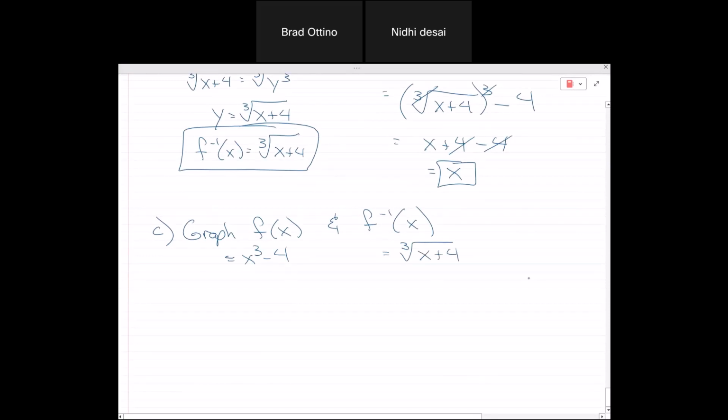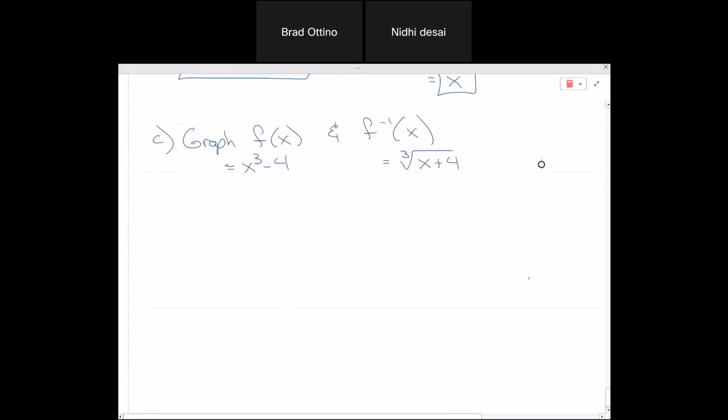So this is using our understanding of graphing transformations and parent graphs. Remember, x to the third looked like a cubic function like that. It goes up from left to right. So it goes down to up. And then the cubed root looked kind of like this. It almost points left to right.